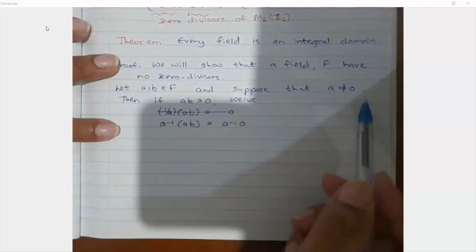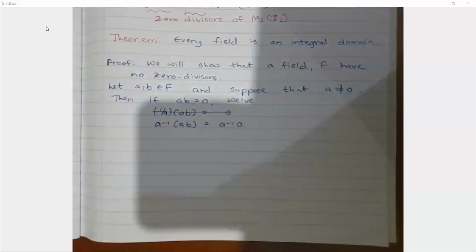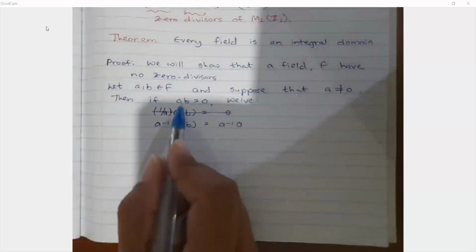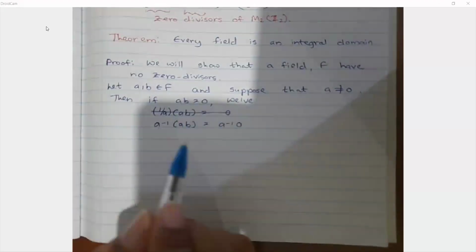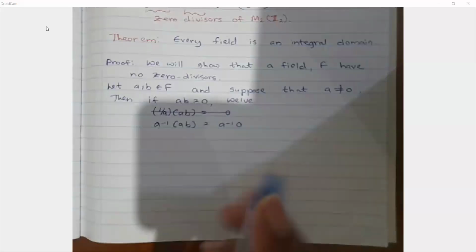Now A is non-zero and F is a field. Therefore, its multiplicative inverse exists and is denoted by A inverse. So I'm going to multiply both sides by A inverse.